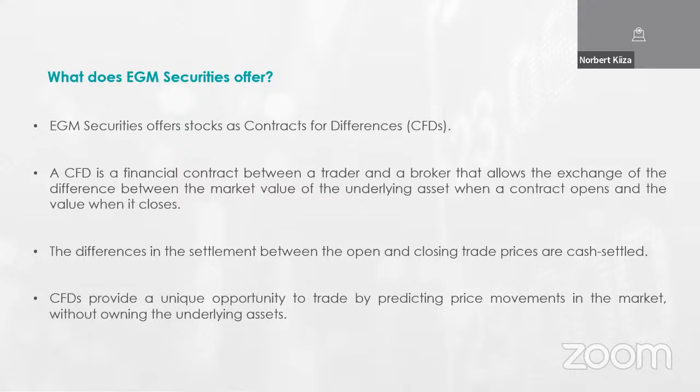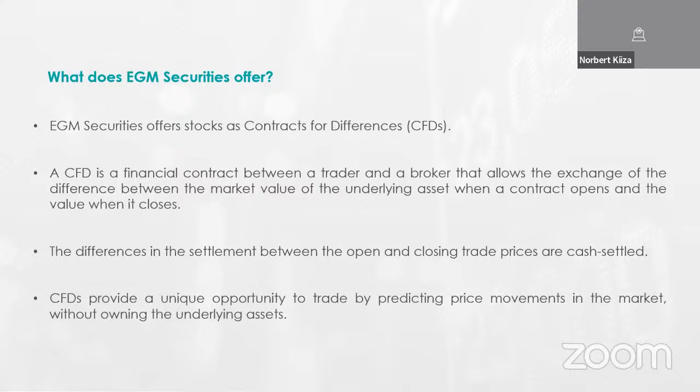Contracts for difference provide a unique opportunity to trade by predicting price movements in the market without owning the underlying asset. One of the main differences between physical stocks and contracts for difference is that physical stocks entitle a trader to own those shares or stocks.